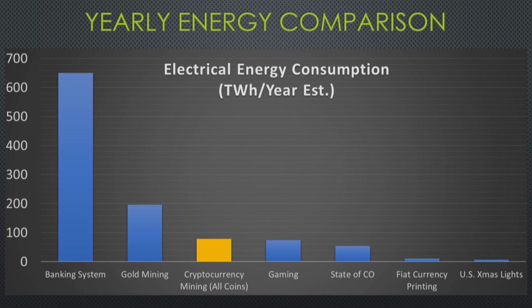And then I thought it would be handy to compare that estimated electrical consumption in terms of terawatt hours per year against a handful of things that might be more relatable to us. So yearly, the U.S., in a period of a month or two, consumes just under 10 terawatt hours a year for Christmas lights, to light up homes.